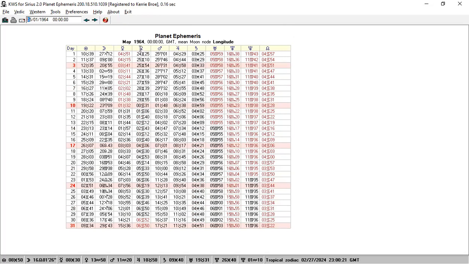Because you can see for me, I was in a lot of the Gemini stuff, and then all of a sudden went into the Cancer stuff. Really different, Venus in Gemini as opposed to Venus in Cancer. So you can look those things up: progressed Venus in Gemini, progressed Venus in Cancer.